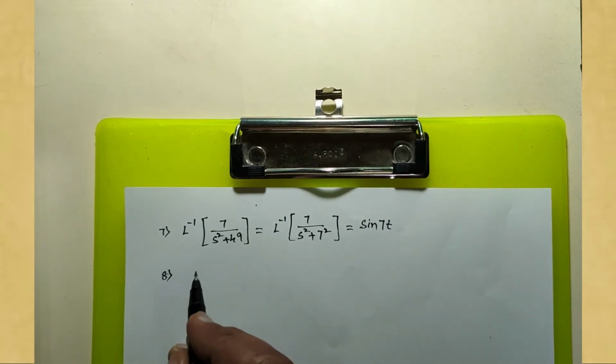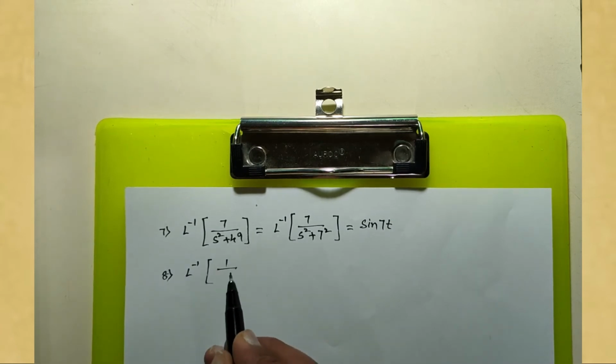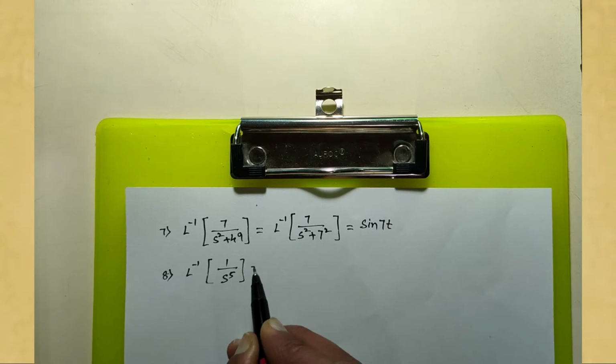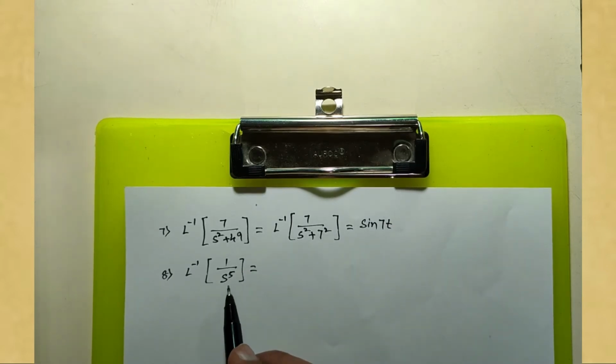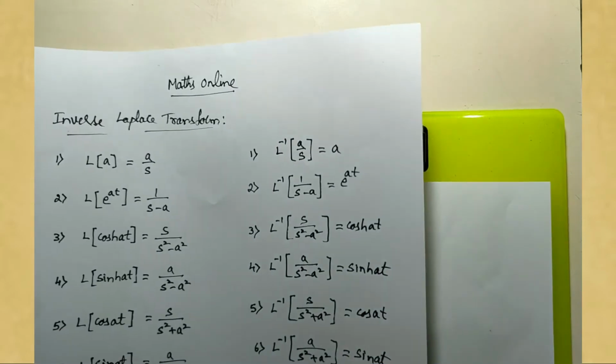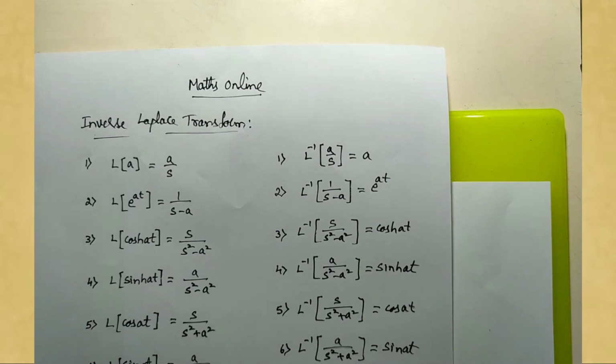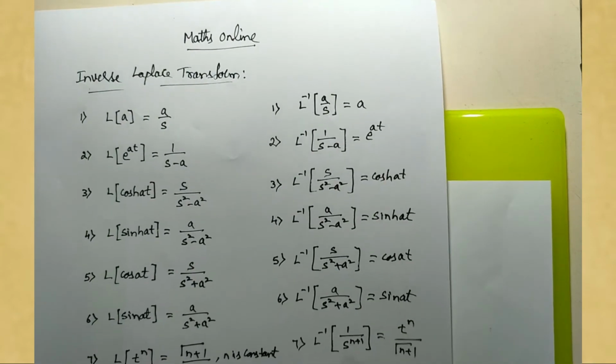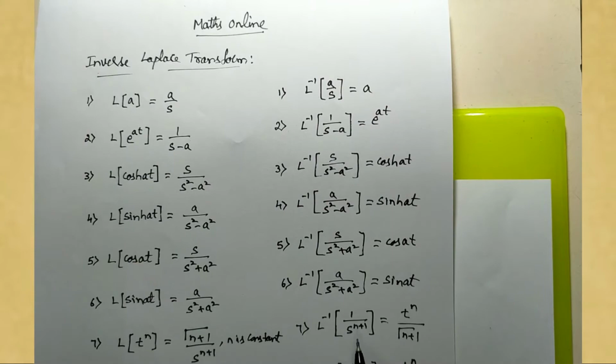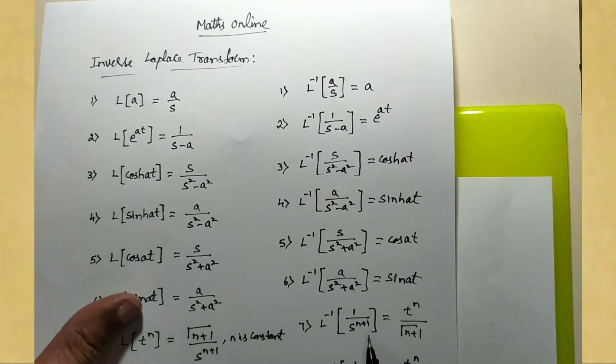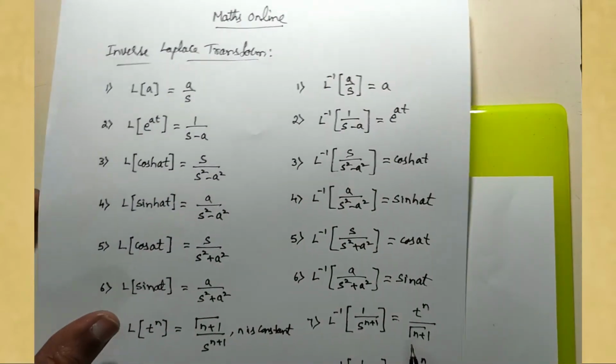Let's take another example. L inverse of 1 by s power of 5. I have to write this in the standard form, because the formula that I have is L inverse of 1 by s power of n plus 1, which is t power of n by n plus 1.